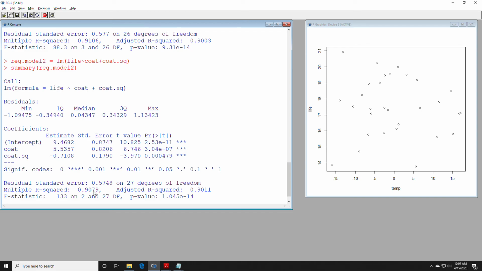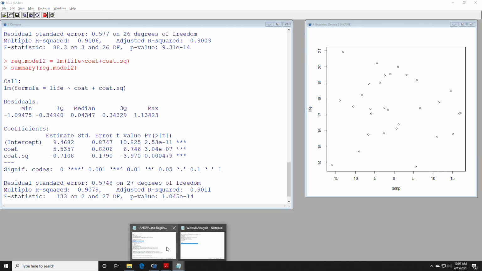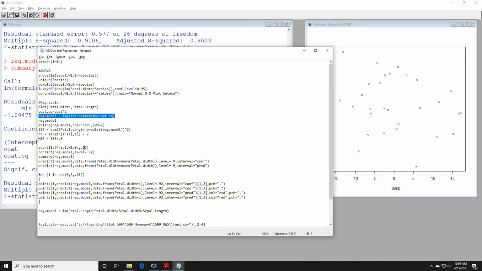And I think we can actually graph this now because we still only have one predictor variable here. It's just that we have a regular and a squared term. So we could look at a graph of that.